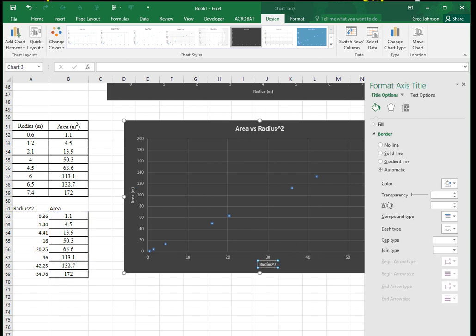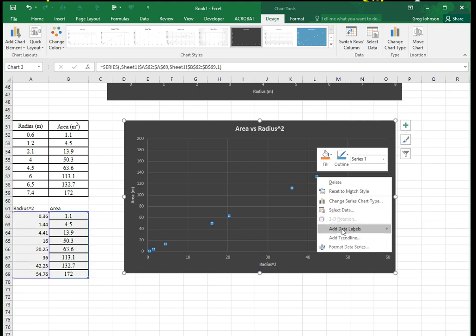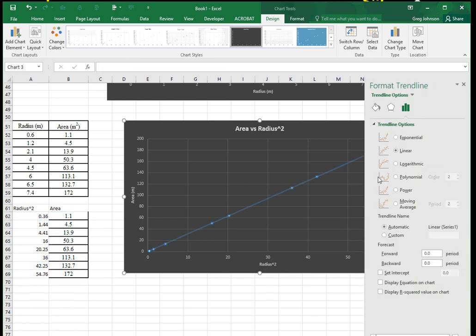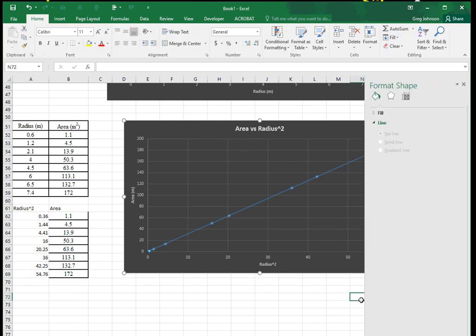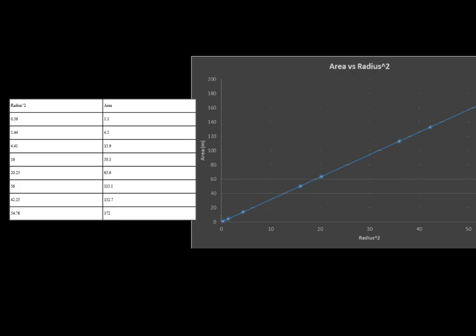But hang on. Get rid of that. And we'll also just pop our trend line in there, which we'll now see is going to be a linear trend line. Okay, so now we have a straight line. Now we can apply y equals mx plus b.